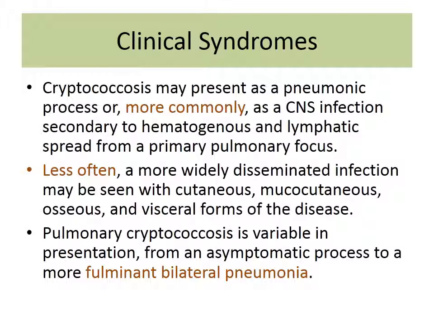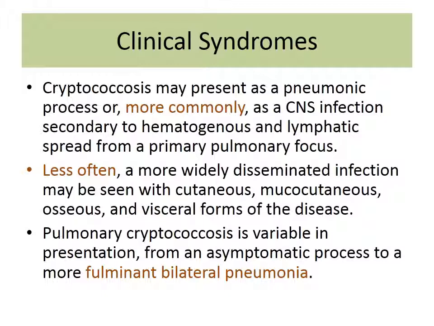Then CNS infection can occur when the fungus goes via blood or lymphatics from the primary pulmonary focus. Much less often we see a more widely disseminated infection, which can involve cutaneous, mucocutaneous, osseous (bone), and visceral forms of disease that may involve any viscera or organs.